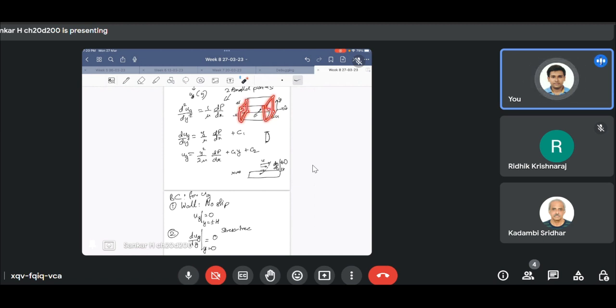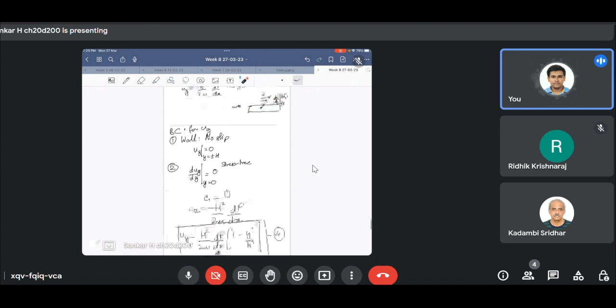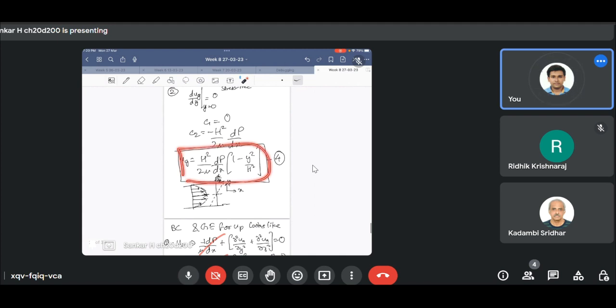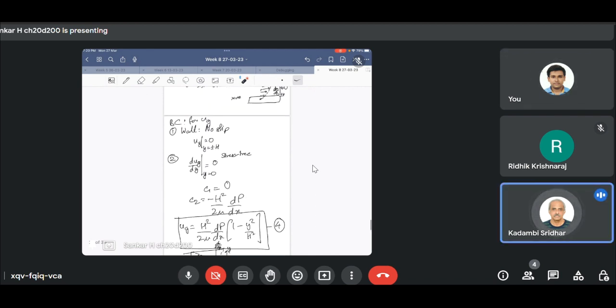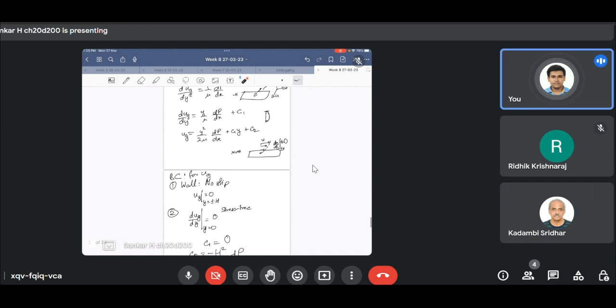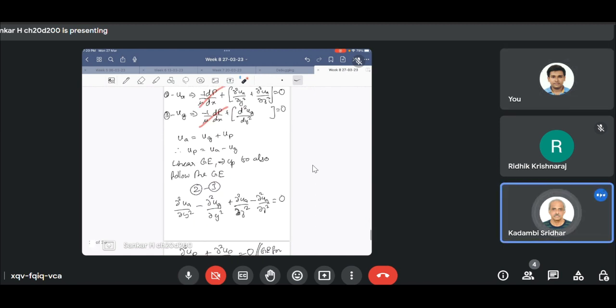What would that velocity be? It would be following the final expression of velocity over here. That's all I'm saying. That's because there is no variation of the general solution in the z direction.